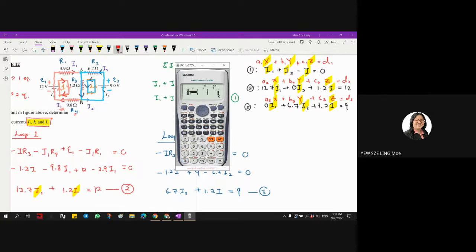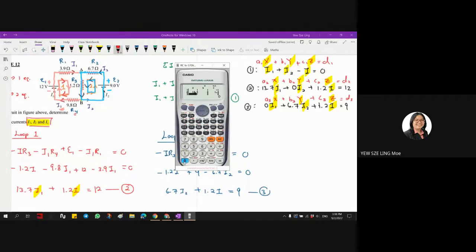Enter. Now you have moved on to the second row. Column A, second row, that is your A2. So 13.7, enter. 0I2, so key in 0, enter. 1.2I, so 1.2, enter, equals to 12. So D2 is 12. Tekan 12, enter. Now it's the third row, A3.